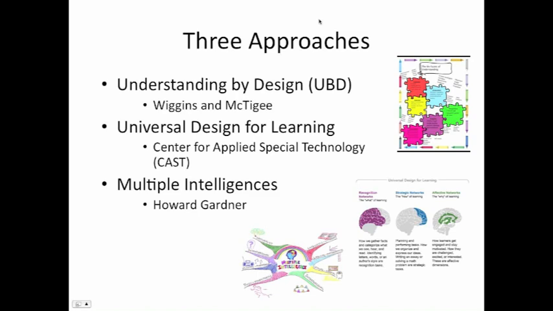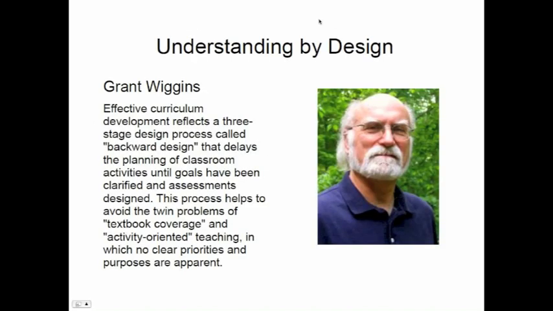Each has its own sort of approach to what happens during the learning process and why we might need to pay attention to different types of learners or different types of approaches. So Grant Wiggins, some of you may know Grant Wiggins from other studies of education.